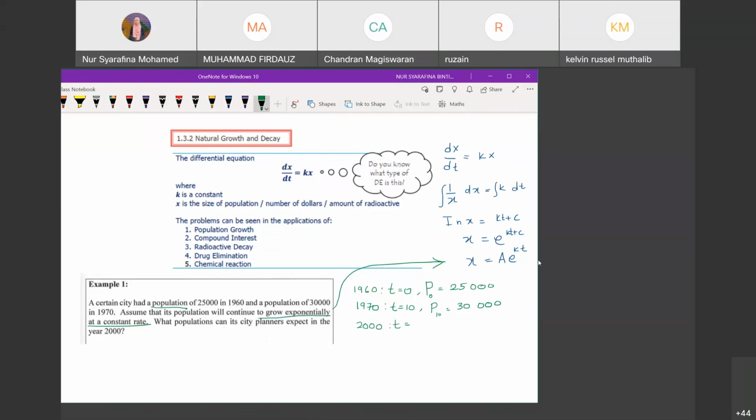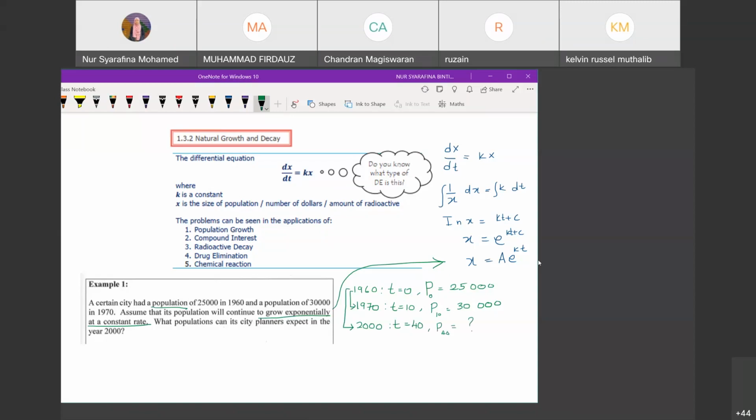After 30 years or 40 years? Looking at this one, it is 40 years. From the initial to here, t equals 40. So now we want to understand what the population is after 40 years.